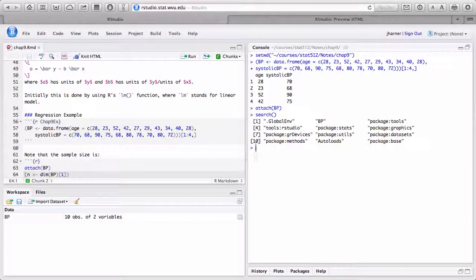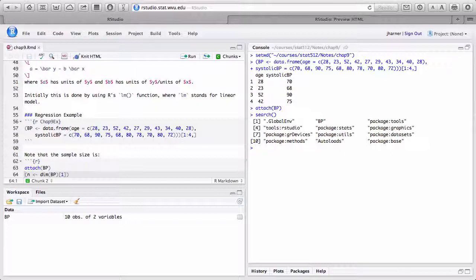So if I have a symbol in R, then the question is, how do I determine the value of that symbol? For example, I have a variable age, and if I had not attached it and tried to use the symbol age, what would R have done?